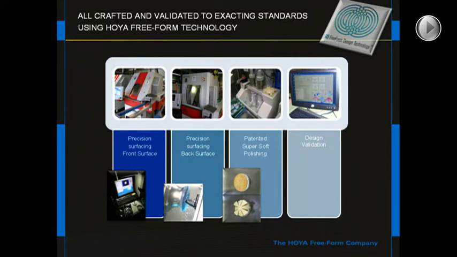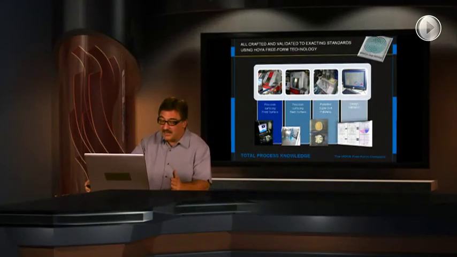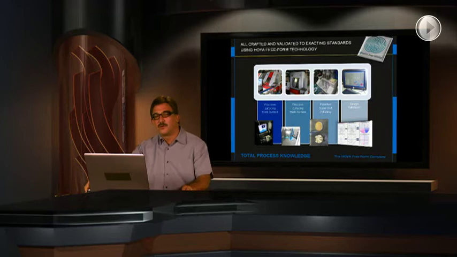And then after each and every lens has been fabricated, it's validated so that it is in accordance with the original design intent. If it doesn't match and fit within the tolerances of standards, it goes back to the beginning and is reprocessed. This is a total process knowledge which is proprietary and specific to Hoya freeform technology.